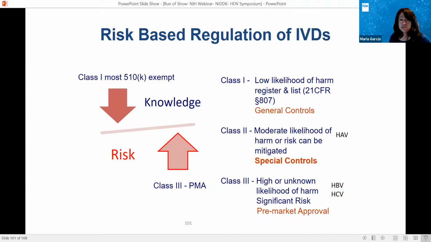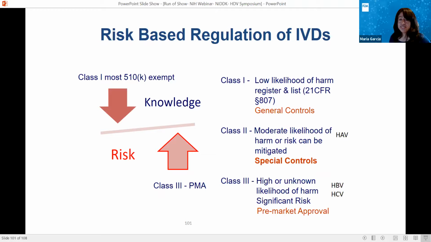So as you can see here, especially under the class 2 devices, special controls become a key piece of the discussion. To give you an idea of where we have classified the hepatitis tests that we have reviewed so far, hepatitis A diagnostic devices are currently reviewed as class 2, 510(k) or de novo, and hepatitis B and hepatitis C devices are currently reviewed as class 3, also known as PMA.